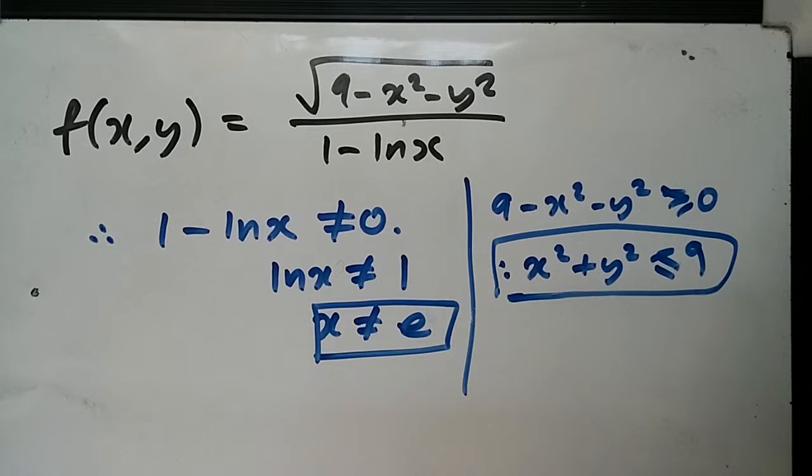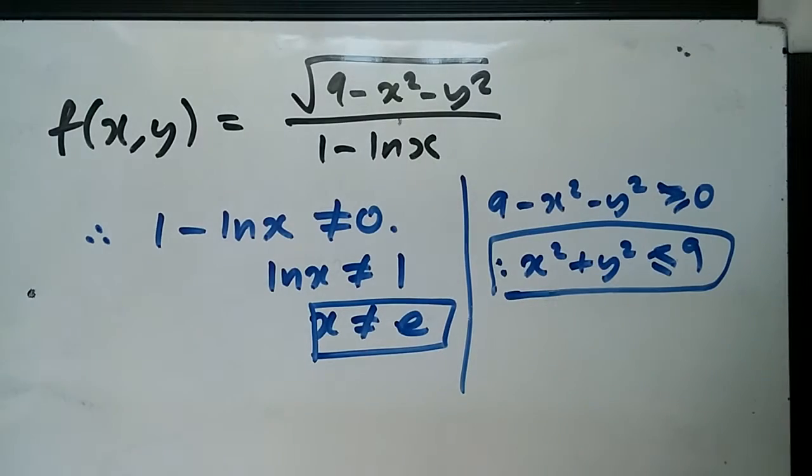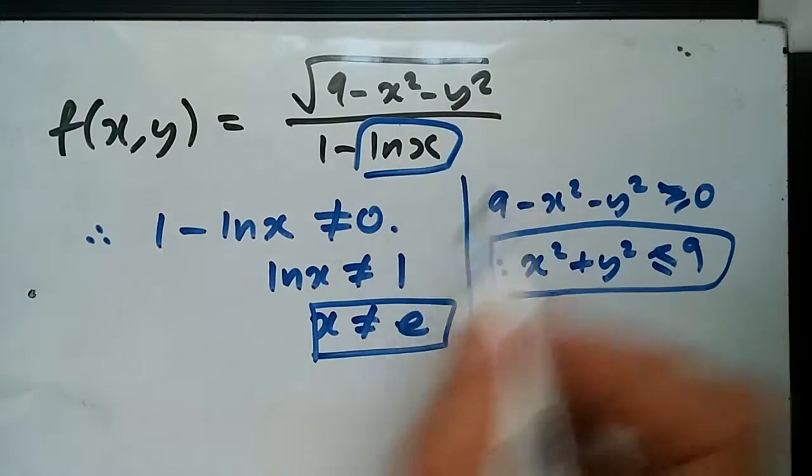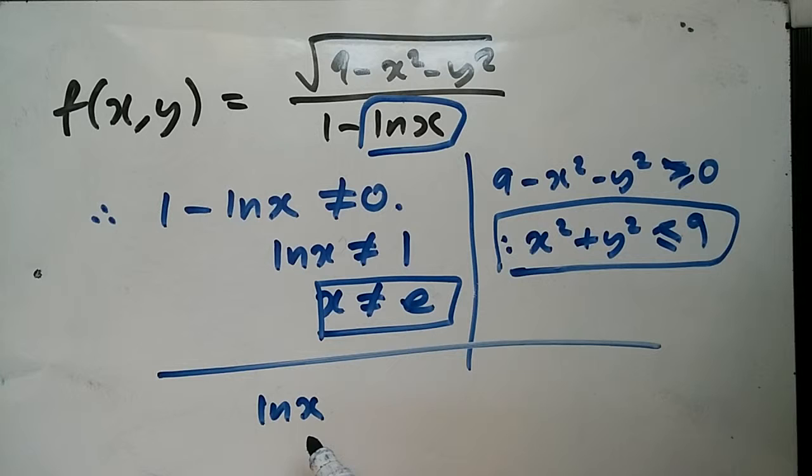Also know that for the log of x, actually no, this is fine. This would actually be the domain, in fact. And of course, yes, the final thing would be log x. For log x in particular, the x inside the log has to be greater than 0.